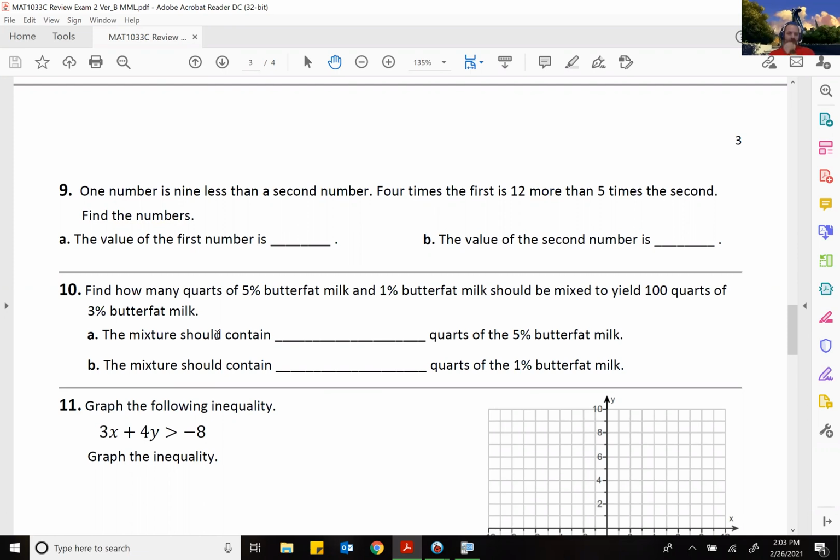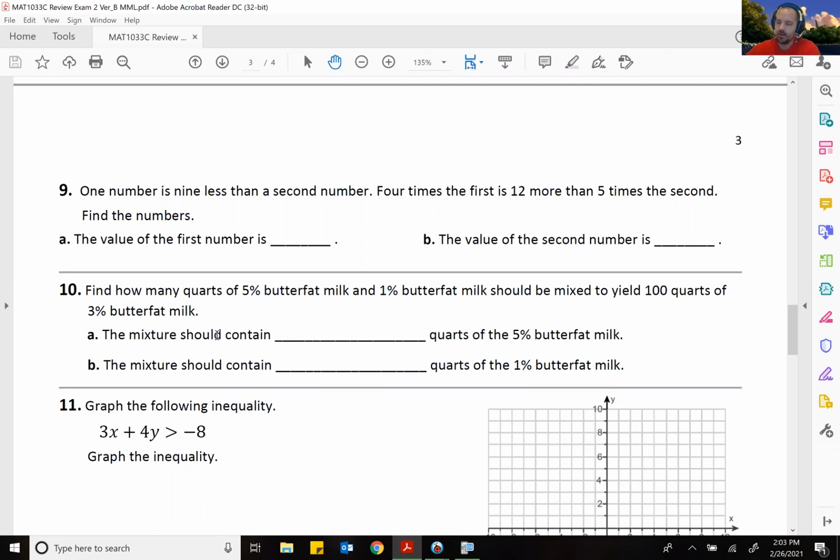Okay, so let's talk about these equations real quick. Let me do some writing. We've got 5% butterfat milk, and we've got 1% butterfat milk, and we've got this 3% butterfat milk.